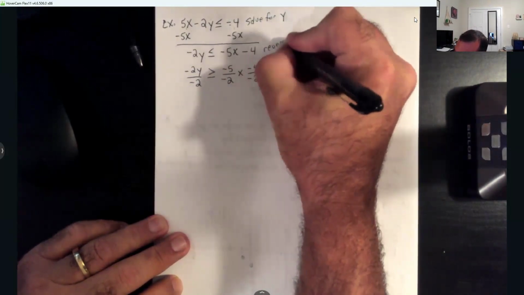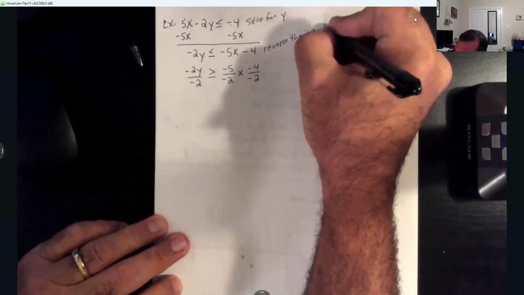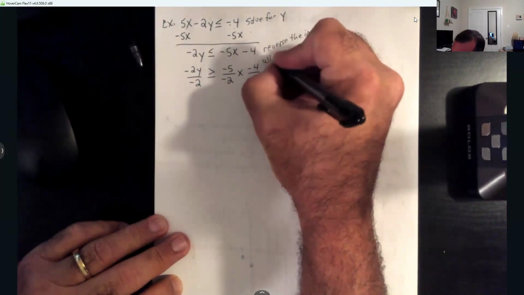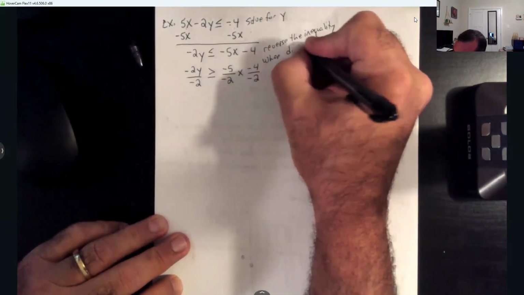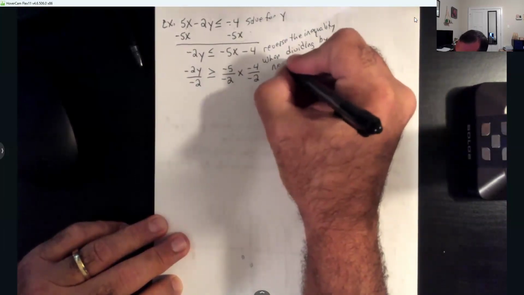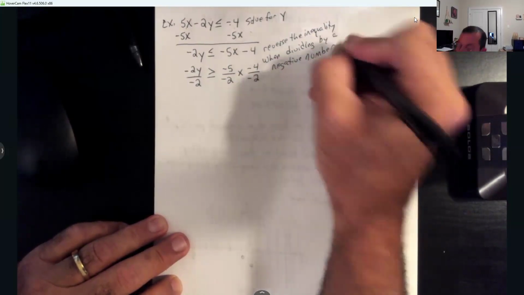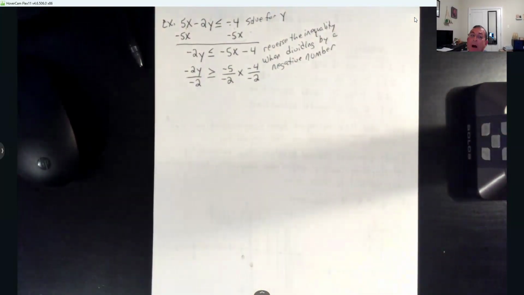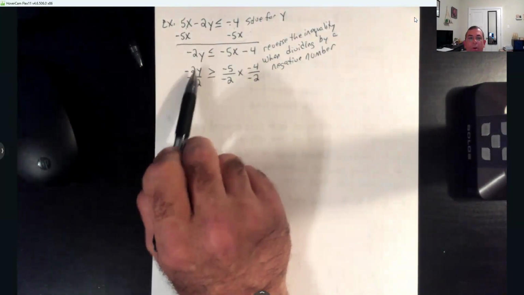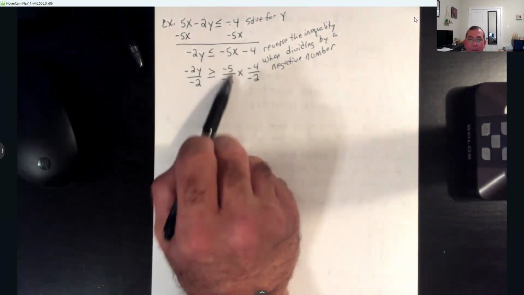So reverse the inequality when dividing by negative numbers. Now, I don't change it when I divide by positive numbers. If your y was positive and you divided by a positive number, it would stay the same. But when you divide by negatives, you've got to reverse it.